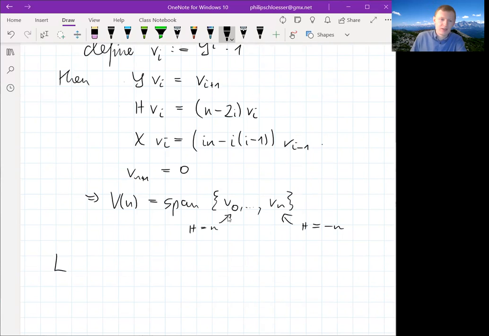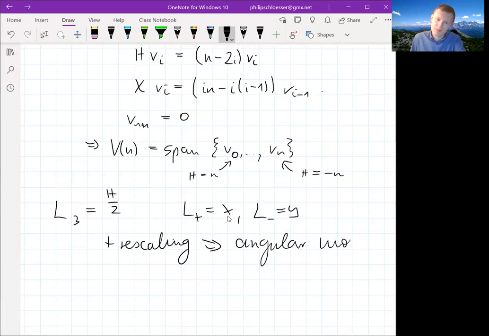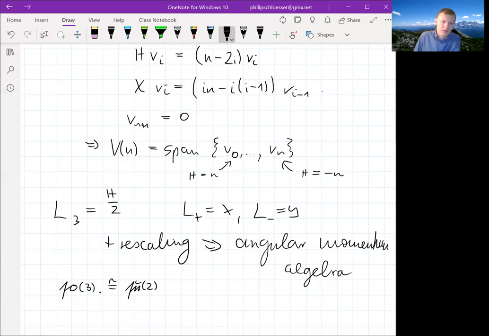And if we now say L_3 is h divided by 2, L plus is x, L minus is y, I guess there are probably some i's flying about the place, and we rescale it, this yields exactly the angular momentum algebra we called it, just by virtue of SO(3) being isomorphic to SU(2), and then when we complexify it, we get SL(2), and that is the thing we're looking at here.